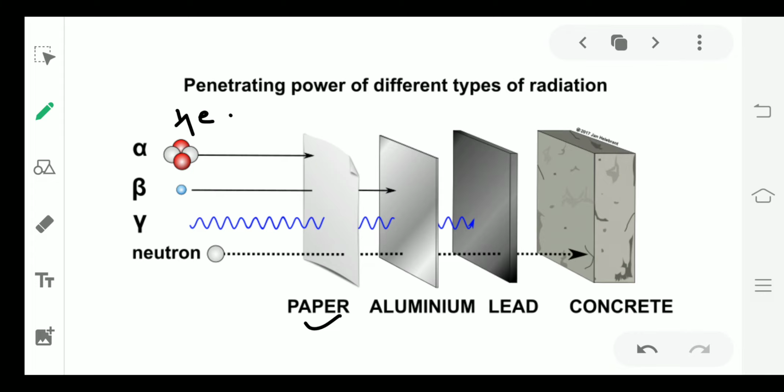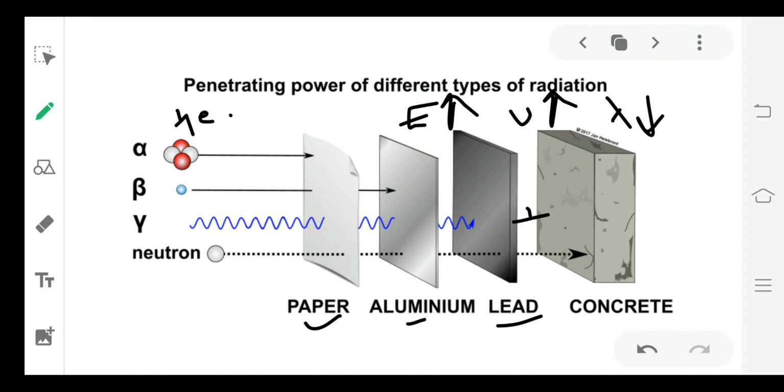Neutron will penetrate through paper, aluminium, lead, and concrete. So by this we can conclude that the penetration power of gamma radiation is highest, and so its energy is highest, its frequency is highest, and its wavelength is lowest.